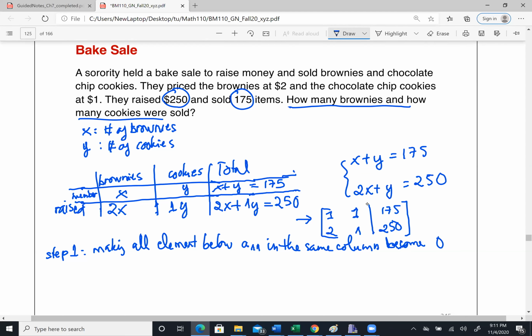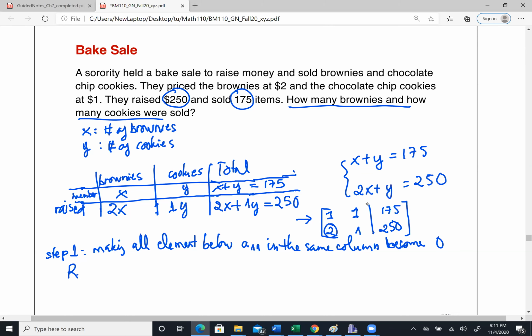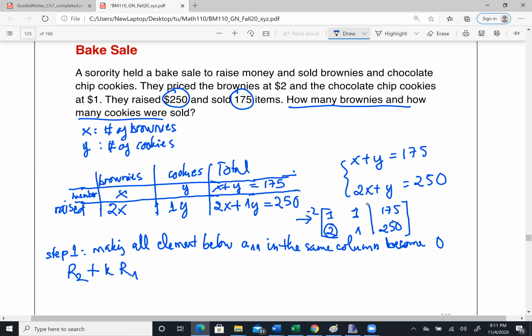I want to make this number 2 equal 0. How can I do that? Row 2 is changed by adding k multiplied with row 1. Should it be -2? Right, it is. And that will be the new row 2.